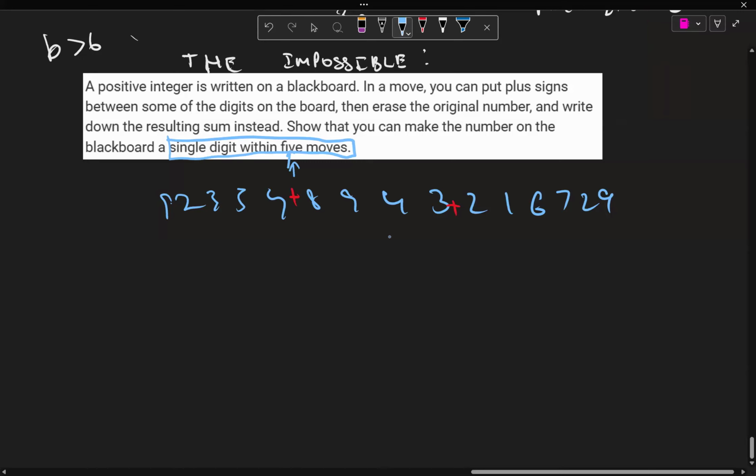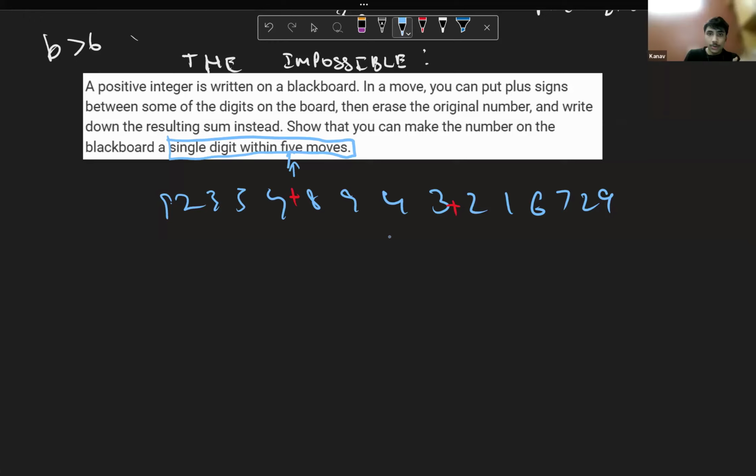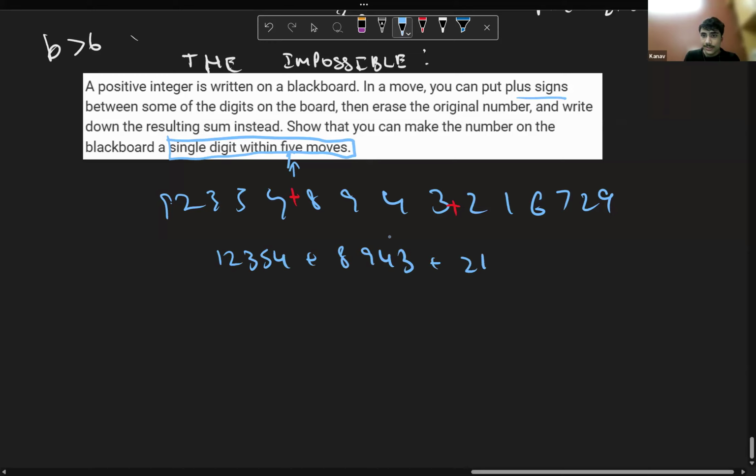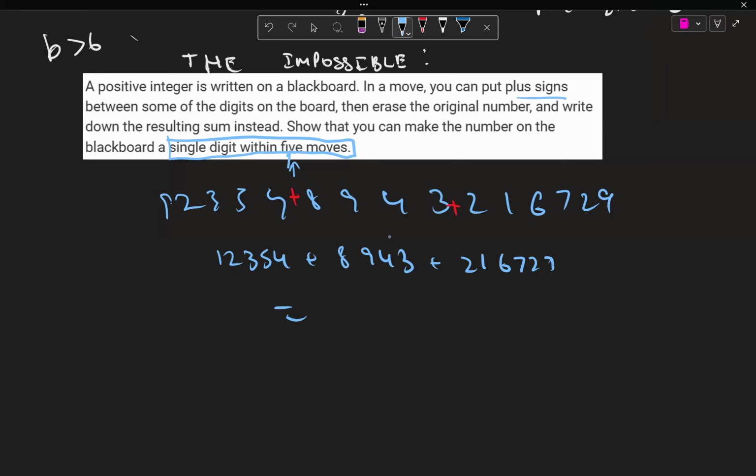You first add plus signs. Then this becomes 1, 2, 3, 5, 4 plus 8, 9, 4, 3 plus 2, 1, 6, 7, 2, 9. You add whatever this number becomes. Because you want to make choices of the pluses, after that there will be many, many zeros.